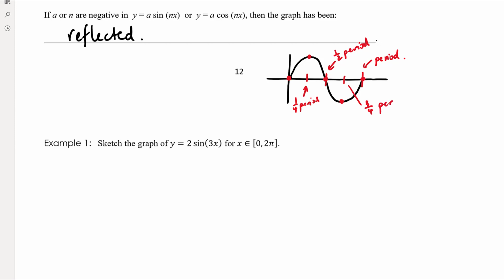So what we want to do with our scale is make sure the period is marked on the scale, but also divide the period into 4 equal units so that we can get our sine graph plotted out carefully. If you've got a really erratic scale, 1, 2, 3, 4, and you're trying to plot a sine curve, you're going to have real problems getting your shape right, okay? So it's really important that you plan and scale before you draw it.